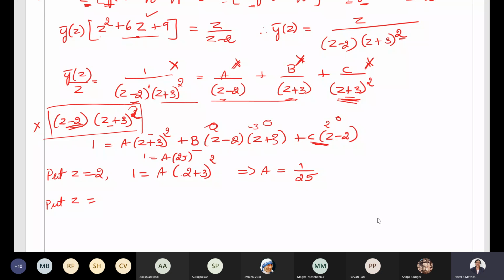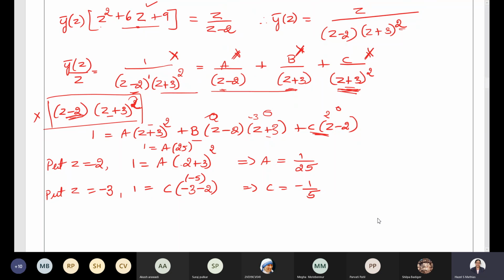So we get the value of C. So put z equal to -3. 1 equals, this first term will be 0, second term also will be 0, C into (-3 minus 2). -3 minus 2 is -5. So what is the value of C? -1 by 5, because C into -5 we get 1. So the value of C is -1 by 5.